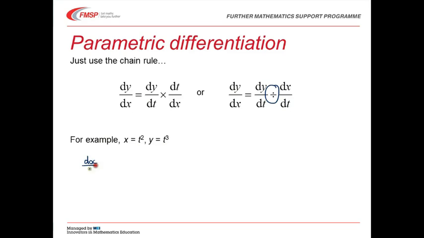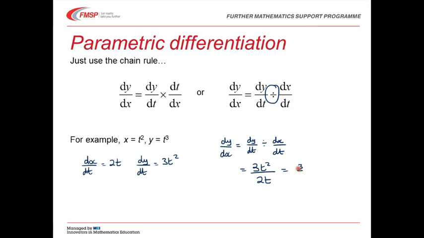So dx by dt is 2t, and dy by dt is 3t squared, and therefore dy by dx is dy by dt divided by dx by dt, so that's 3t squared divided by 2t, or 3 over 2t.